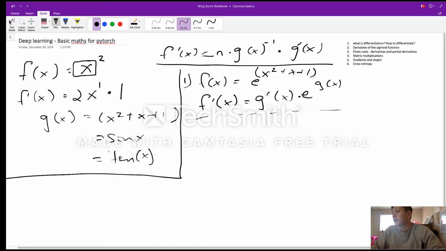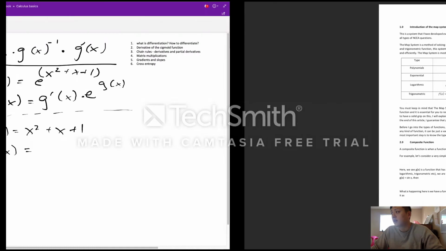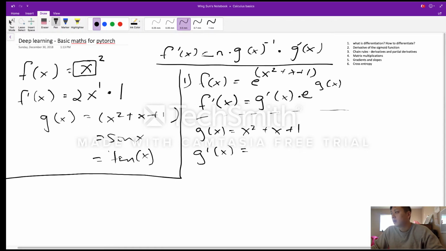The g of x will be x squared plus x plus 1. Now if you take the derivative, what would this be? If you follow it back to the derivative function, you will see that this is actually 2x. What is x? X derivative with respect to x will be equal to 1. Okay, so that's your g prime of x.